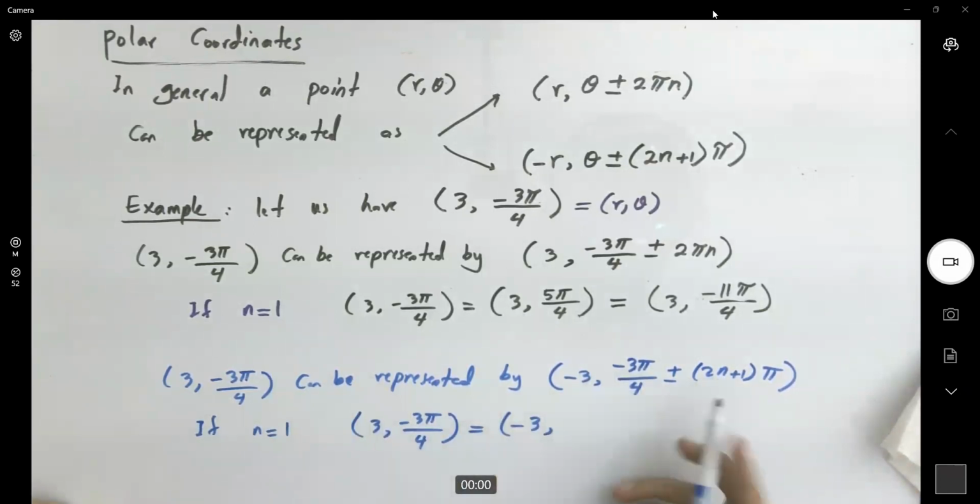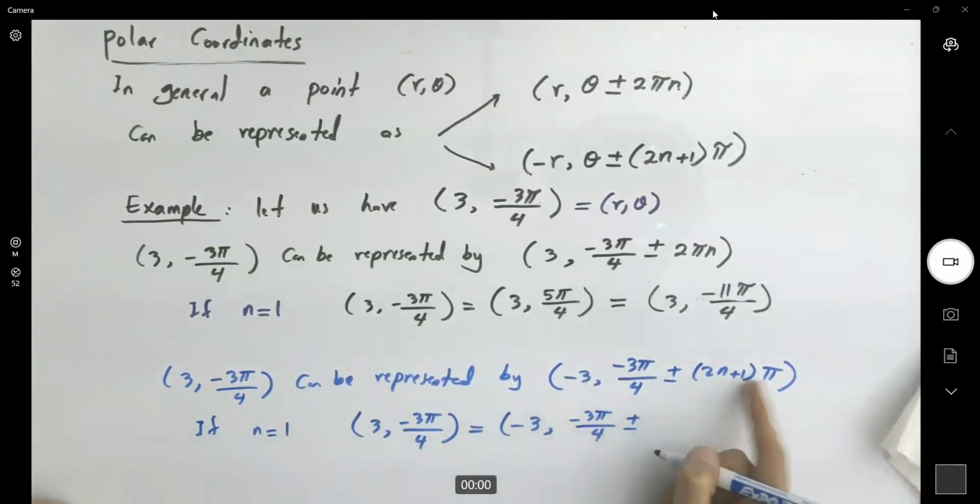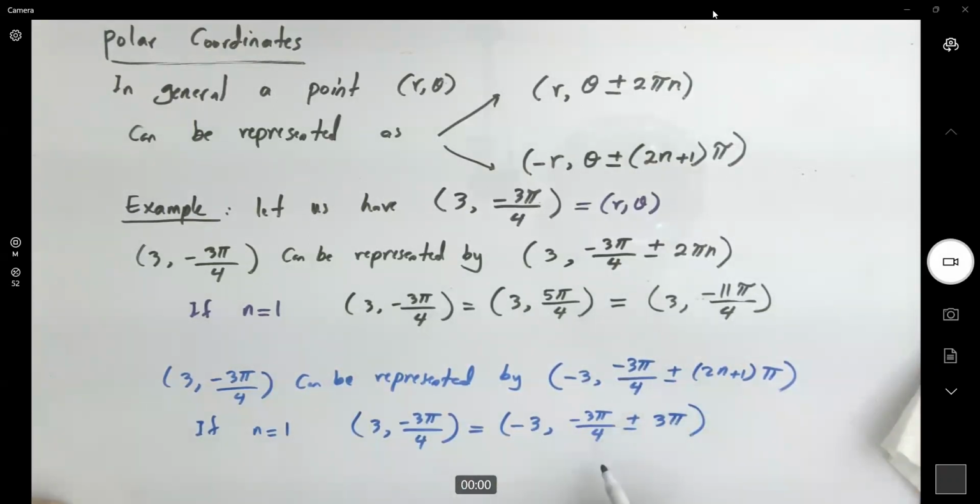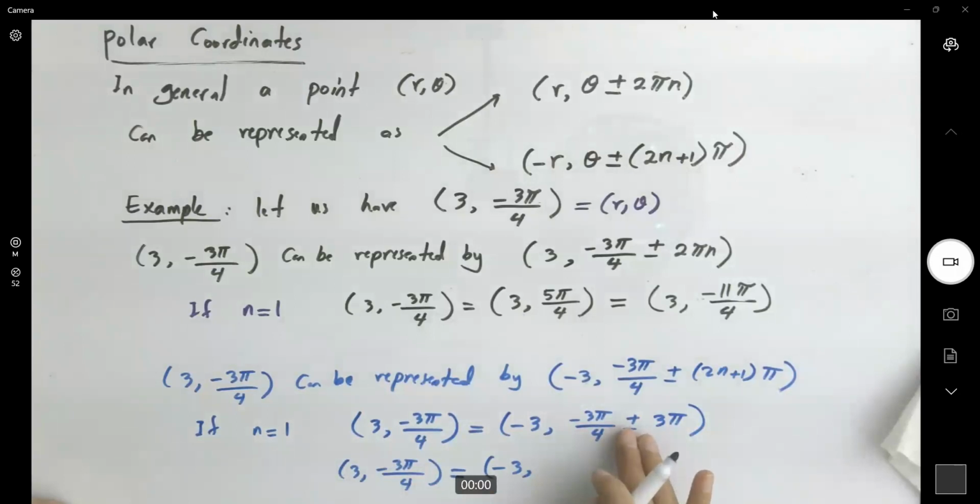So if n is equal to 1, you get negative 3 pi over 4 plus minus 3 pi. If you just add these together, you get 12 minus 3, 9 pi over 4, or negative 3.